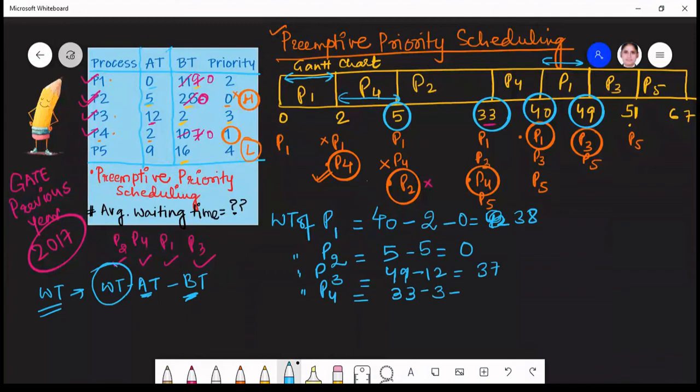P4 arrived at 2 milliseconds. So the remaining time here is 28. Now coming to P5. P5 got its turn at 51 milliseconds, and here the arrival time is 9. So that is 42.